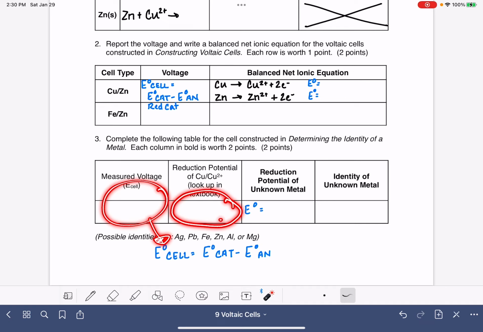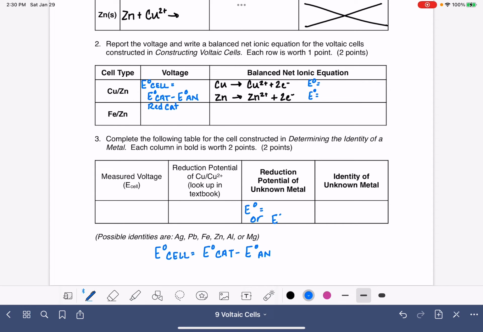You'll plug in your copper as, let's pretend maybe it's the anode this time, and calculate a voltage for if the unknown is actually the cathode. So you're going to begin by getting two different voltage values for the unknown metal. And again, this is because we originally don't know if copper is the cathode or if copper is the anode. So we've got to consider both options.